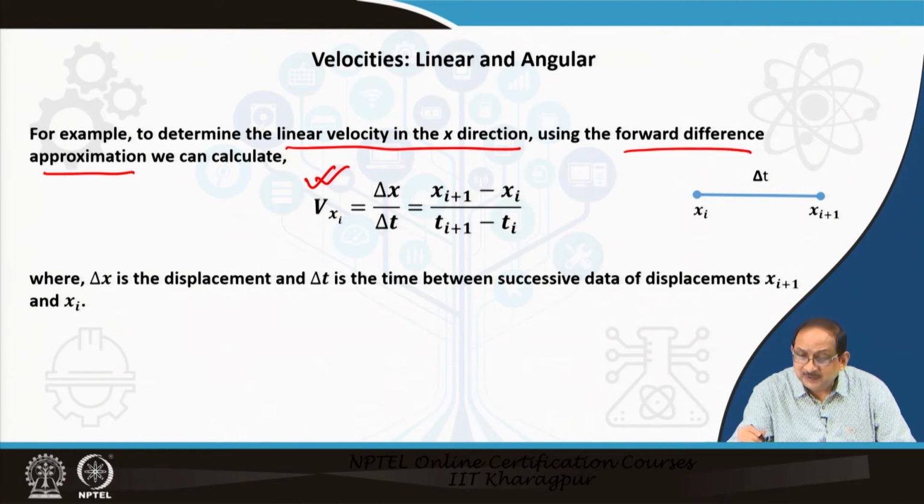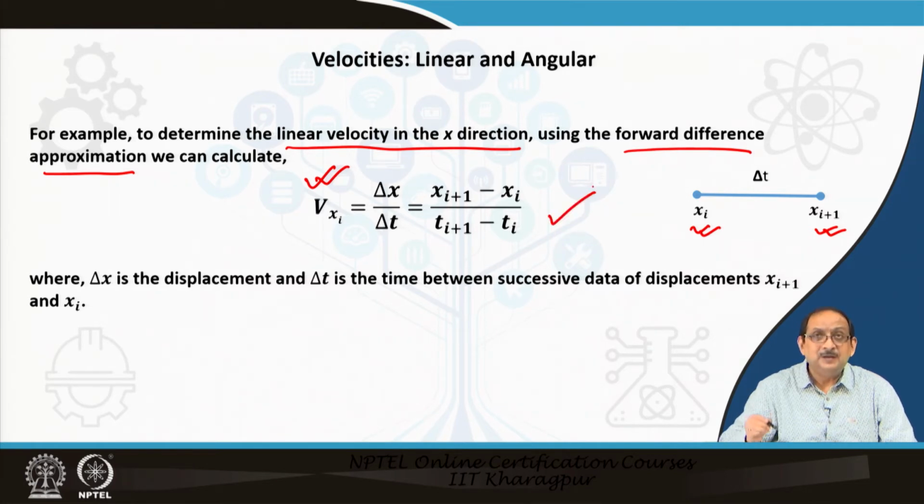So, we have a displacement data xi, we have another displacement data at xi plus 1, and the time duration between these two successive displacements is delta t. So, the delta x, which is the difference between the successive displacements divided by the time duration delta t, will give you the linear velocity along the x direction.